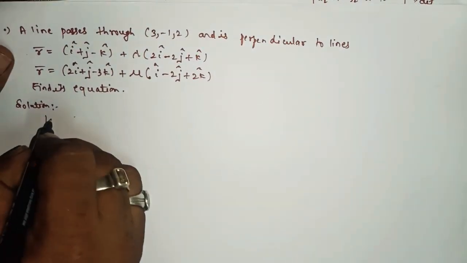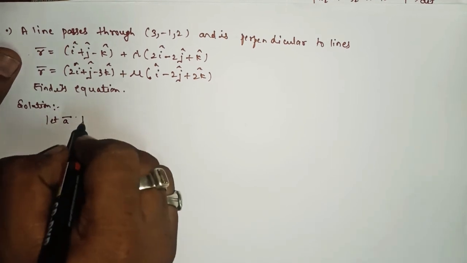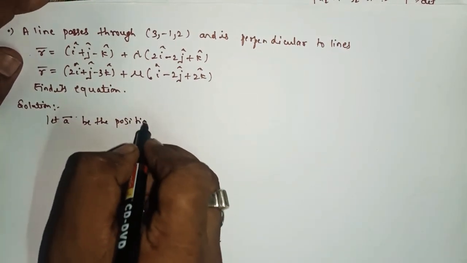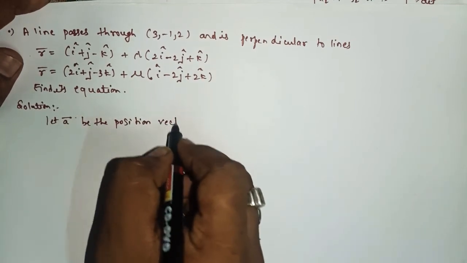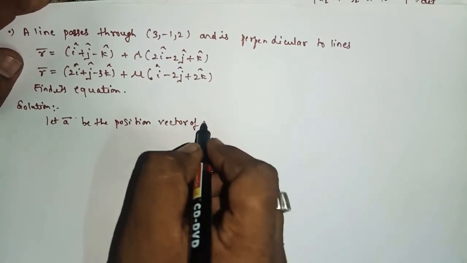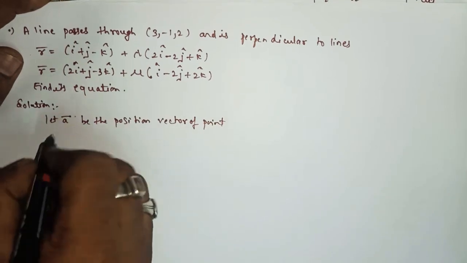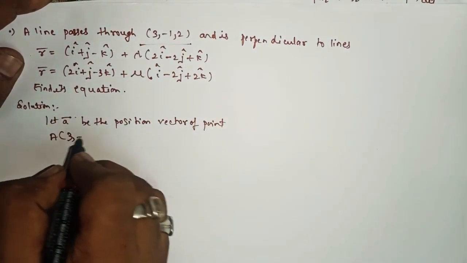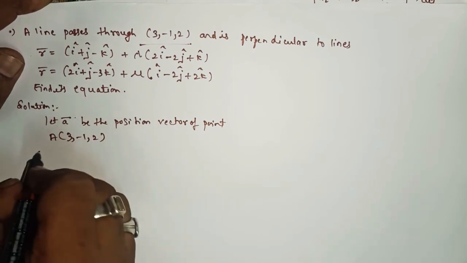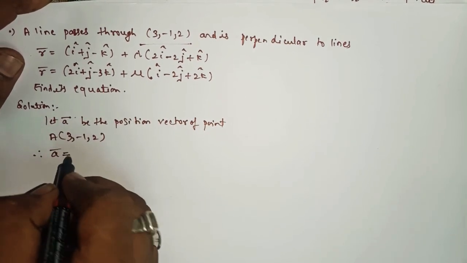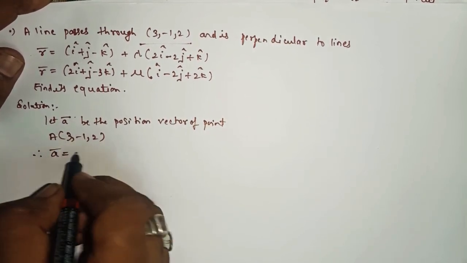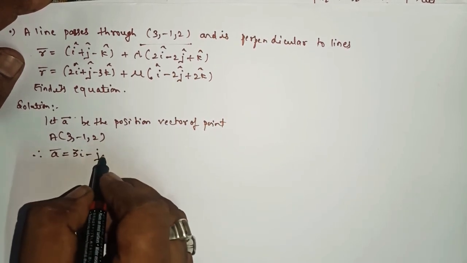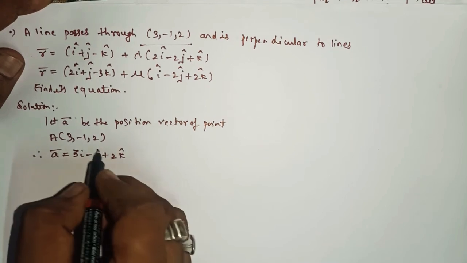Here first you will write: let a bar be the position vector of point A. We'll consider this point as A, (3, -1, 2). Therefore a bar, as a position vector, we'll convert this point into ijk. So this will be 3i minus j plus 2k.